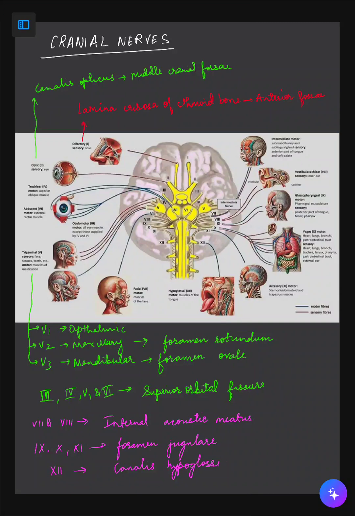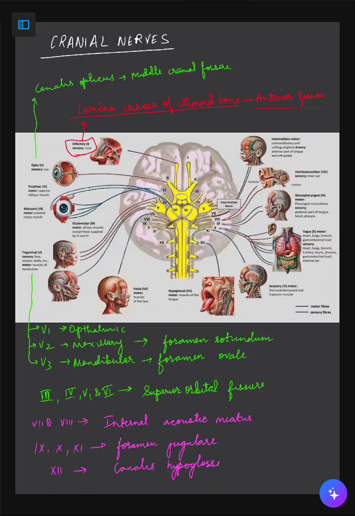The olfactory nerve, which is sensory, opens in the lamina cribrosa of the ethmoid bone, which is in the anterior fossa. In the anterior fossa, this is the only nerve: the olfactory nerve, the sensory nerve of the nose, through the lamina cribrosa of the ethmoid bone.